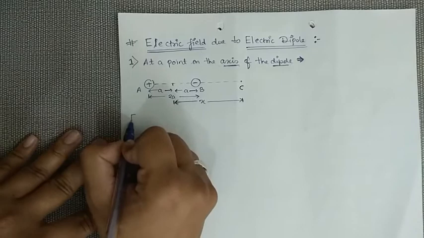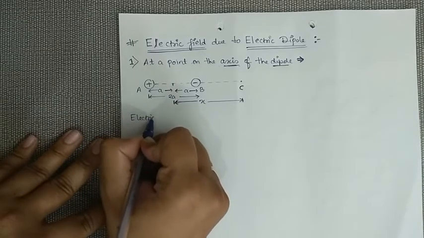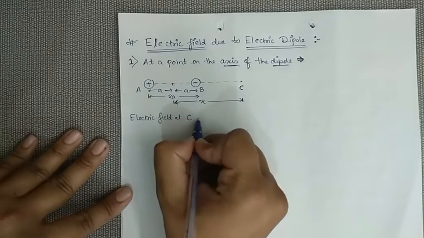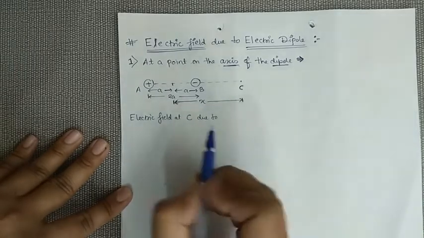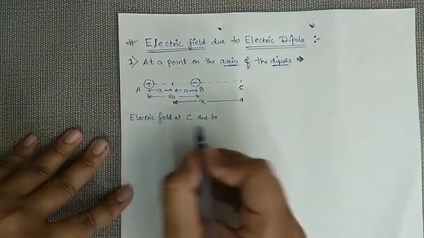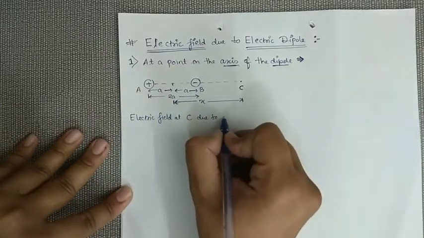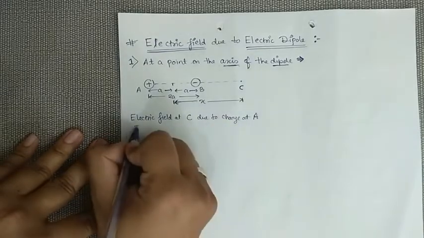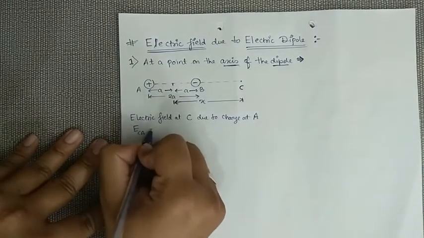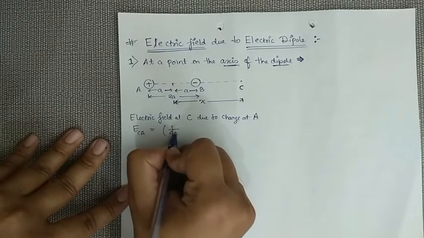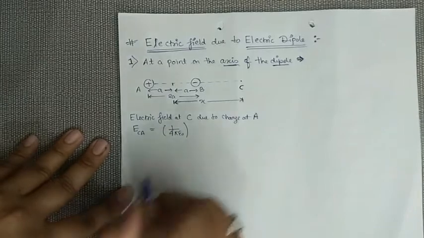So by using the formula, electric field at C due to the charge at A, that is E_CA. According to the formula, it is 1 upon 4 pi epsilon naught times of charge.